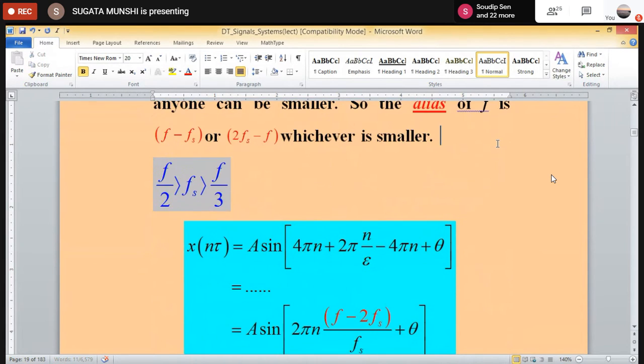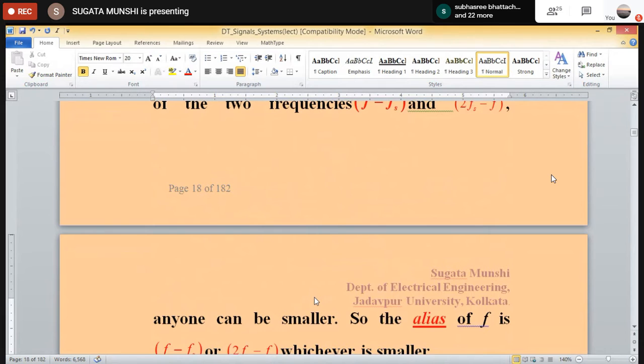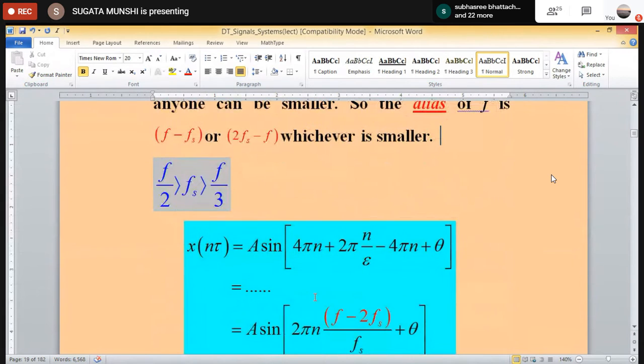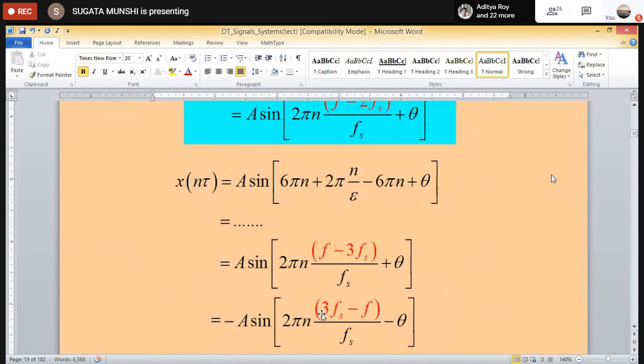The problem is that if you move on to fs less than f by 2, these two frequencies are not the smallest frequencies that you have. You can come up with still smaller frequencies, as I am doing now here. As I am doing here, you will get still smaller frequencies, f minus 2fs or 3fs minus f.